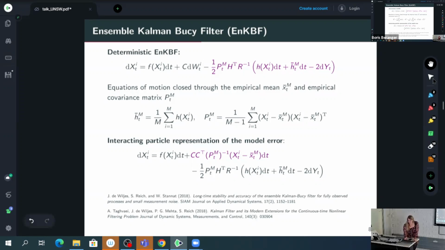So one thing will be that we actually also modify the noise here, and we replace it by an interacting particle representation that here depends on the spread of the ensemble, essentially. And we do that to more easily grasp the bounds of this filter.